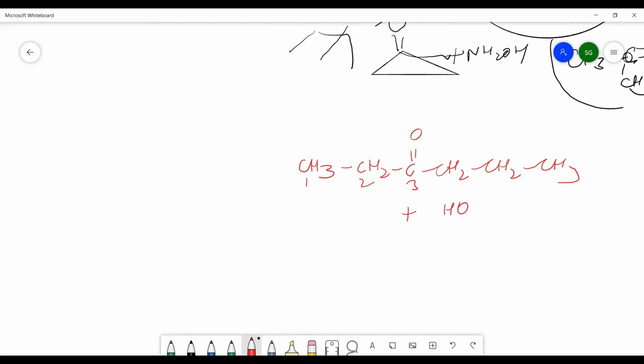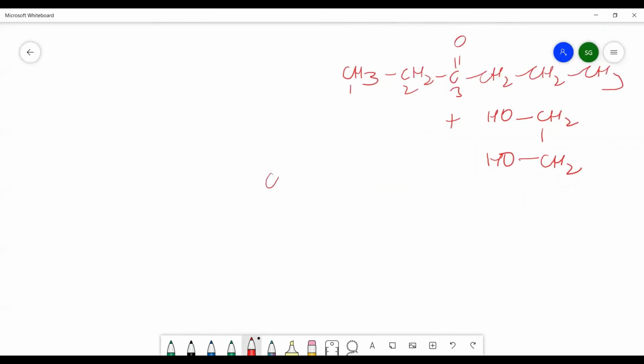And for the ethylene ketal, we have to add ethylene glycol like this. And when we add this, you will get the ethylene glycol ketal. A cyclic ketal will be formed. How will it form? CH3, CH2, C, on the other side CH2, CH3.